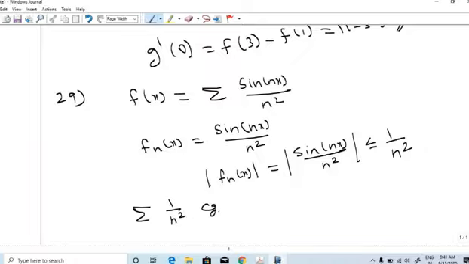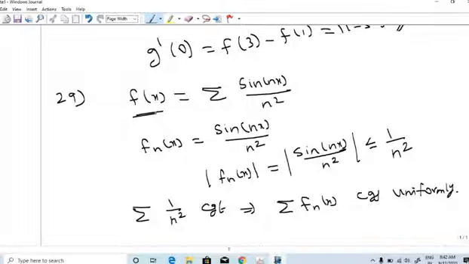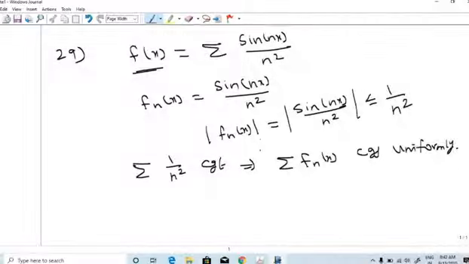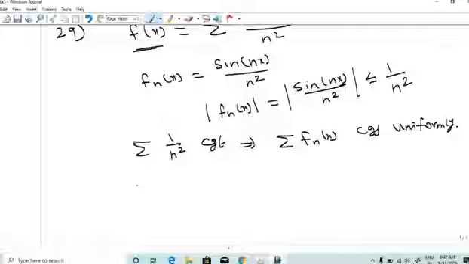A convergent series implies, by the Weierstrass M-test, that summation fn of x converges uniformly. And they have given that the value is f of x. So let f of x equal the value of the summation of fn of x.